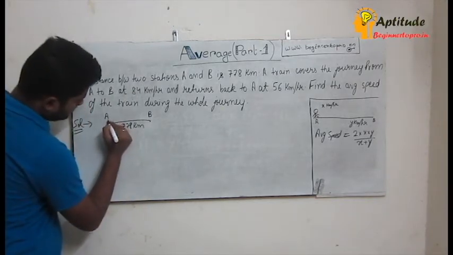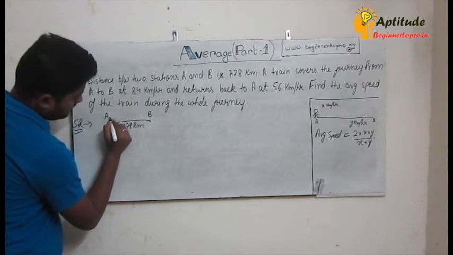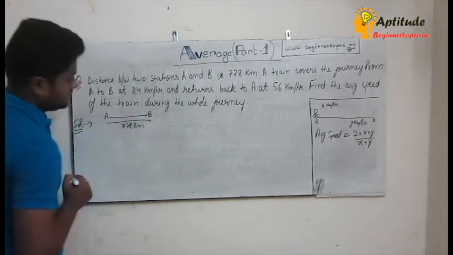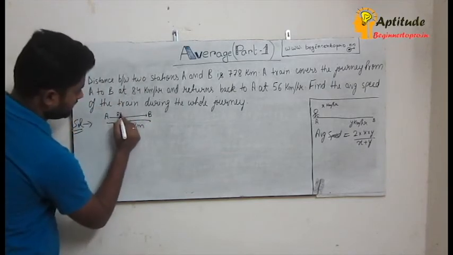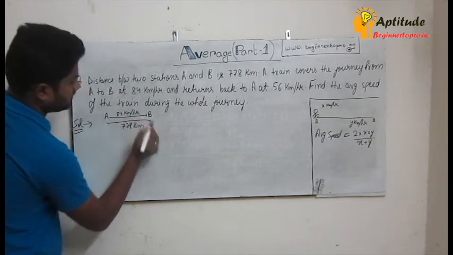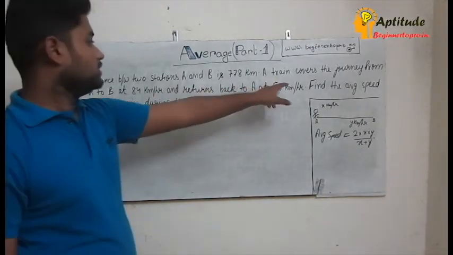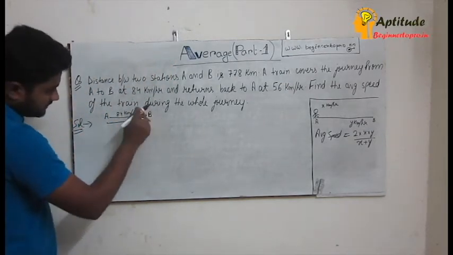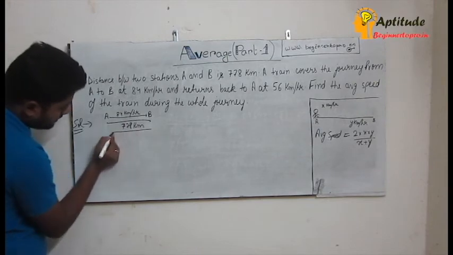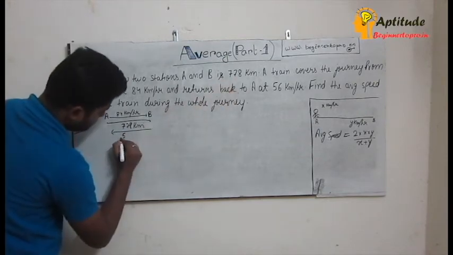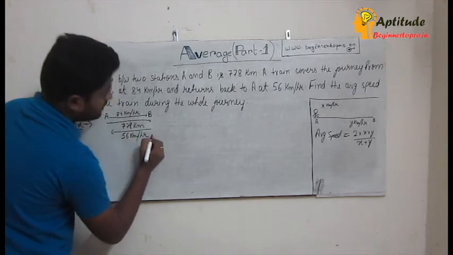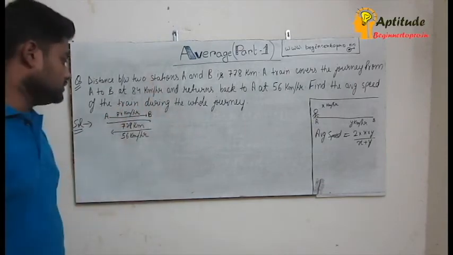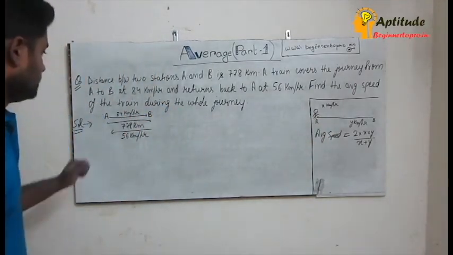Means a train starts from this point A. Now this train will move towards B at a speed of 84 km per hour and returns back to A at 56 km per hour. Means after reaching B, the same train will return back to A at what speed? 56 kilometers per hour. So the question asks us to find the average speed of the train during the whole journey. Same concept. Okay.